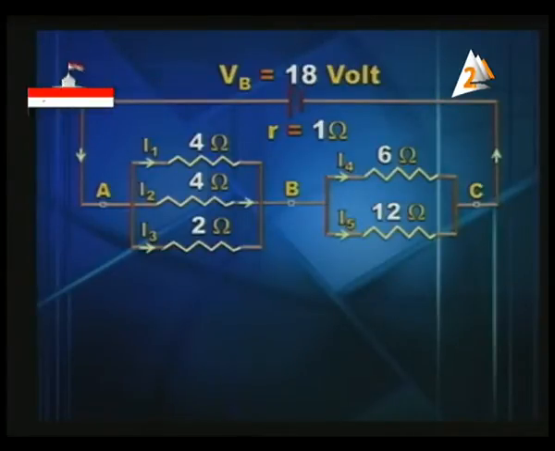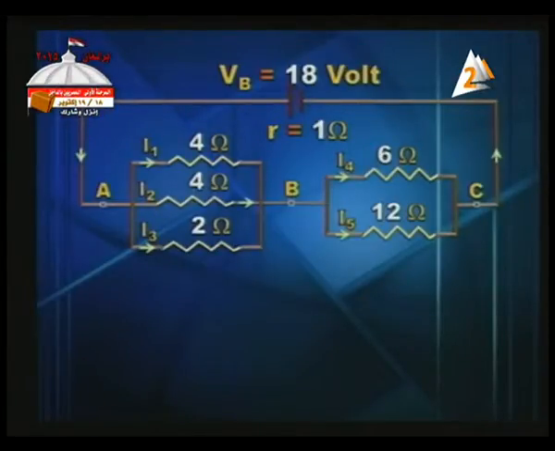Another circuit, another problem. The circuit consists of an 18 volt battery of internal resistance 1 ohm. We've got two parallel combinations connected to each other in series. The first group consists of 4, 4 and 2. The second consists of two resistors connected in parallel, 6 and 12.